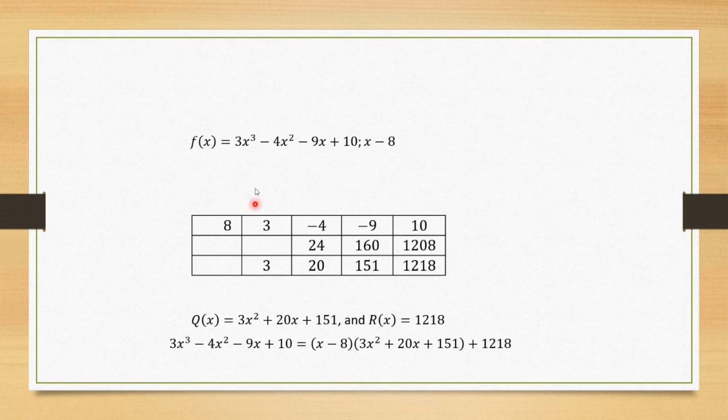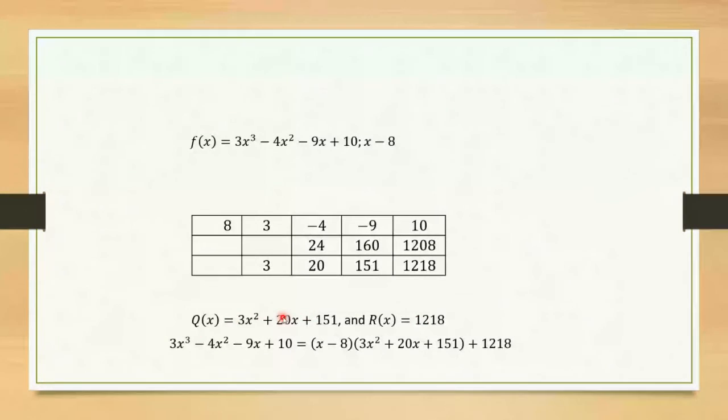Again, it's 1 degree less. What's nice is we did not have to put in zeros as placeholders. All the terms are here. And then we just put the numbers in, synthetic division, nothing entirely new.